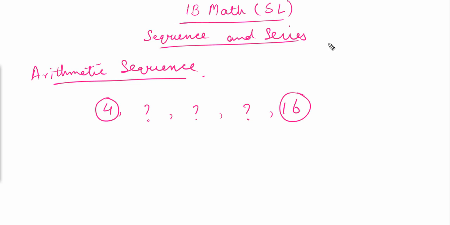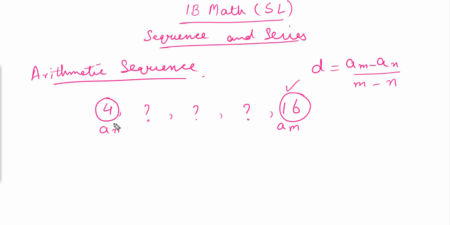So we have to use a formula for the common difference. The common difference is equal to the last term, the bigger term, which I'll call a of m, minus the smaller term, a of n, divided by m minus n.